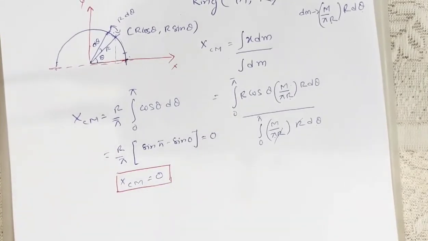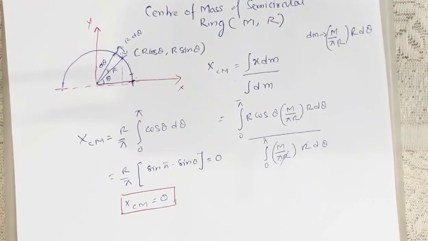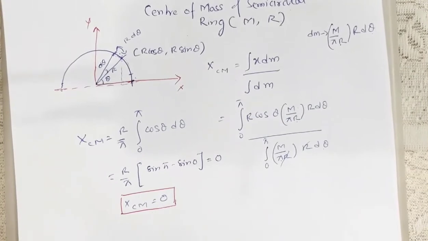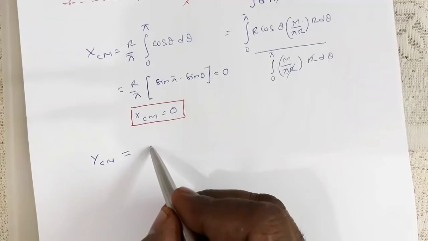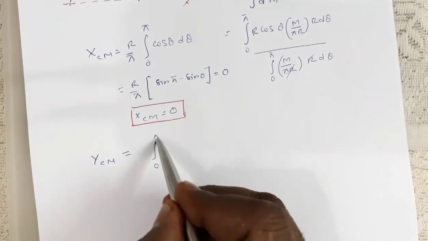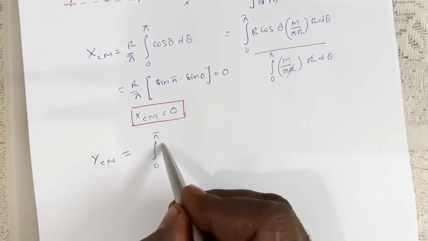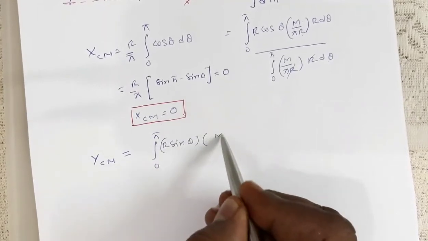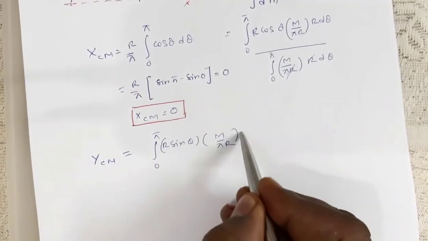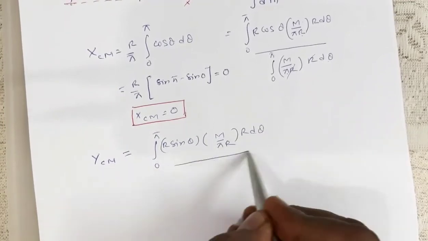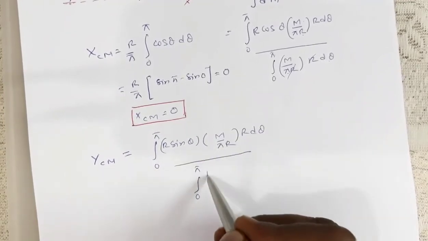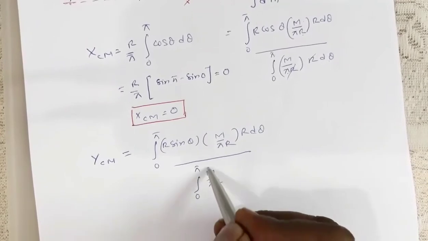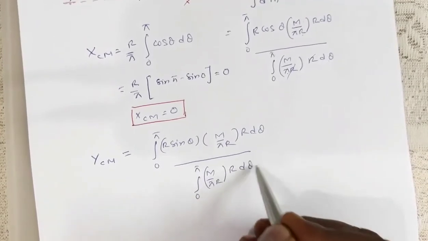So next our target is to get the y coordinate of the center of mass. So YCm, by the same logic, will be integral 0 to pi r sin theta, m by pi r d theta, divided by integral 0 to pi m by pi r d theta.